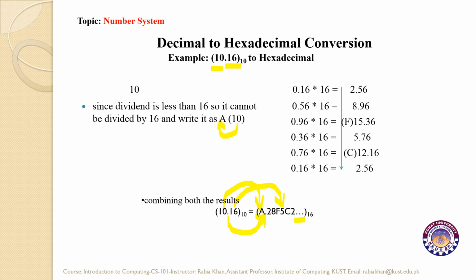These three dots show the result goes on, and at the end we have to write the base we converted the result into. So base 16 is the conversion product.